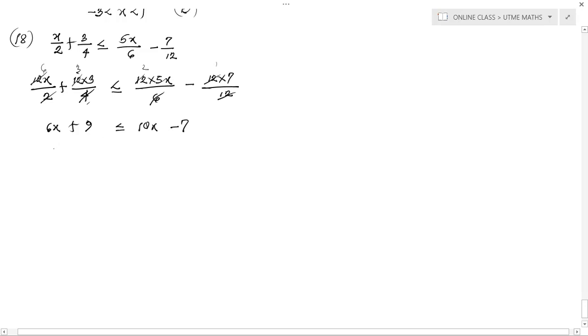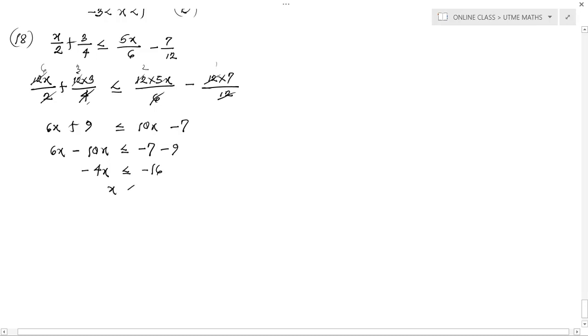So let's collect the like terms. We have 6x minus 10x less than or equal to minus 7. Then we transfer plus 9 to give minus 9. Minus 4x is less than or equal to minus 16.